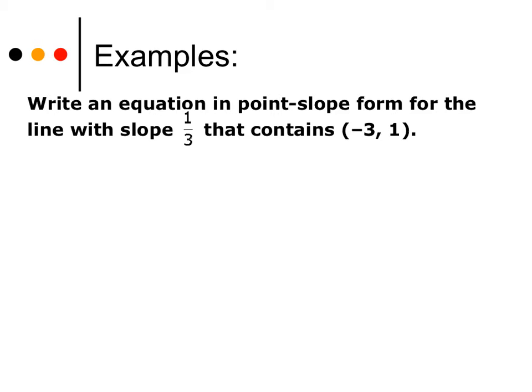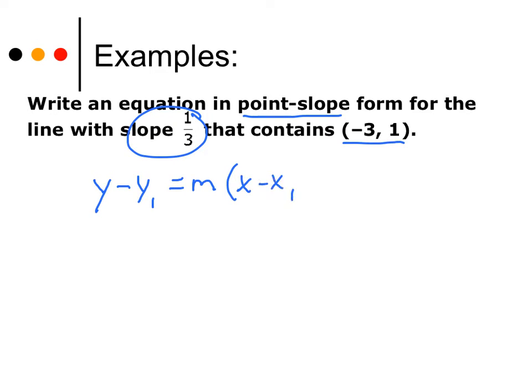All right, example 2. Write an equation in point-slope form for a line with the slope as a third, and this is our point. So all we do is y minus y1 equals m times x minus x1. Again, this is your x1, and that is your y1. That is the point. So we just substitute in. So y minus your y1 is 1.